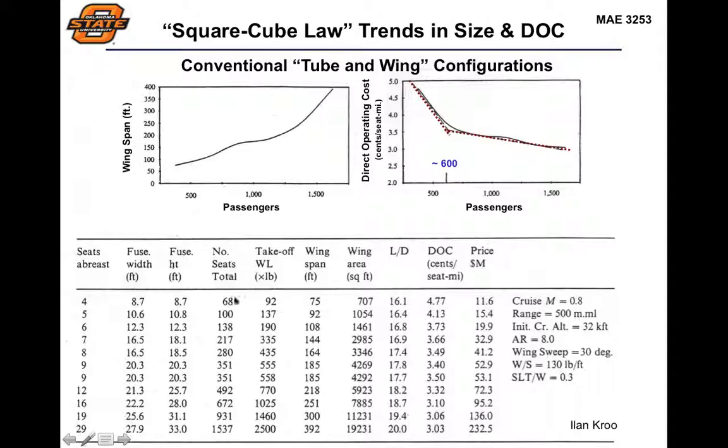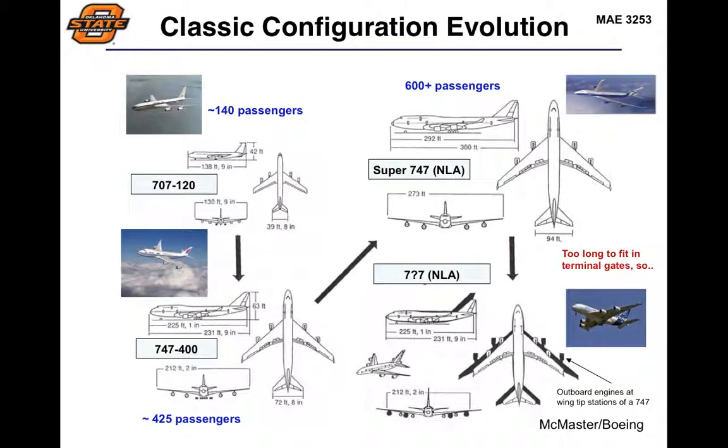Say, how many seats do I need based upon the number of passengers I'm going to have, and then how is that going to drive my overall wingspan, based upon these conventional tube and wing configurations. And you can make estimates of this all from benchmarking, just looking at data and then pulling up some basic physics based upon these square cube law trends that we have.